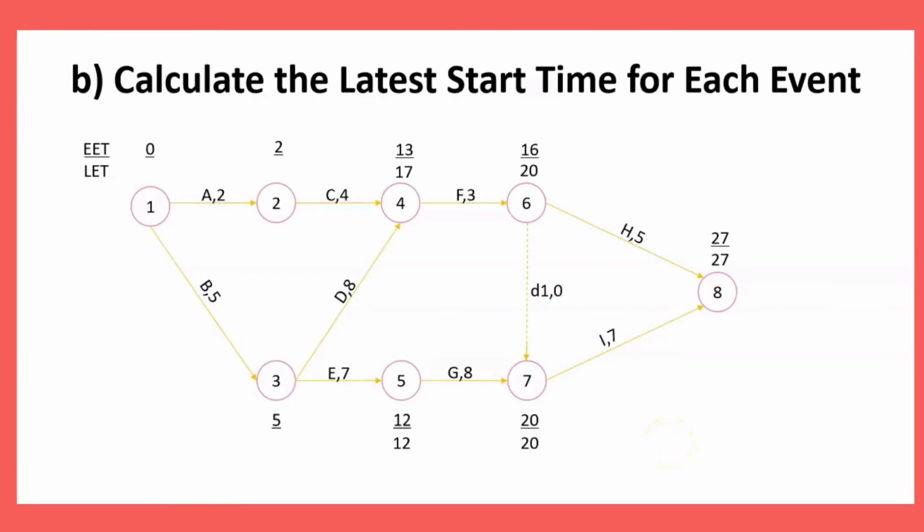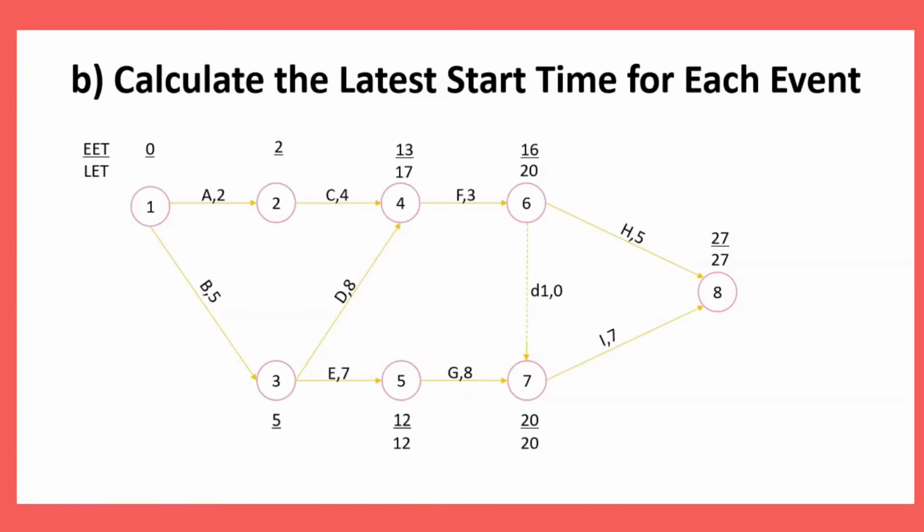To calculate the LET in node 2, as we can see, activity C with the duration time of 4 is linked with node 4.